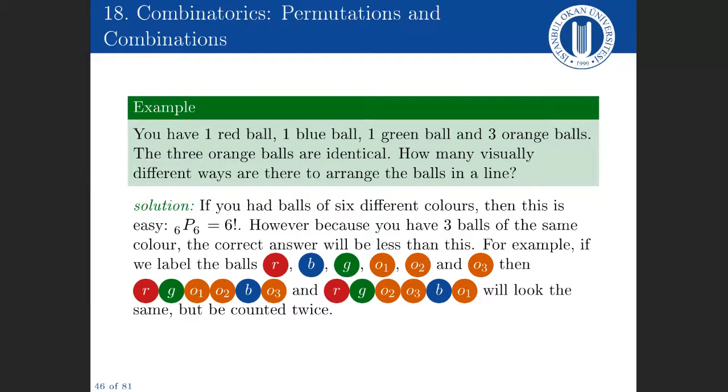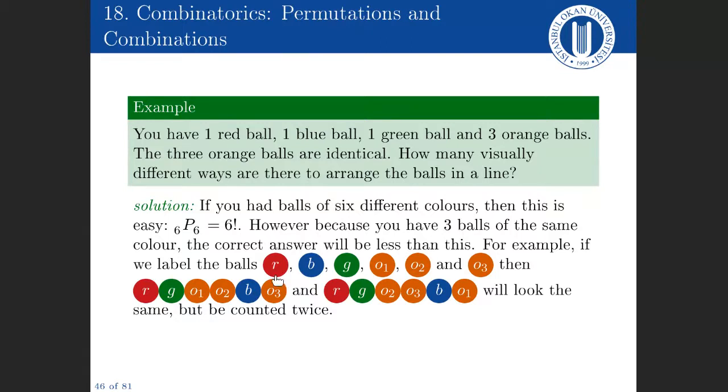If we had 6 different colors, then this would be easy. 6 permute 6. 6 objects, change the order of them however we want, we get 6p6. However, that's not the answer to this question because we have 3 orange balls. So the correct answer is going to be less than 6p6.